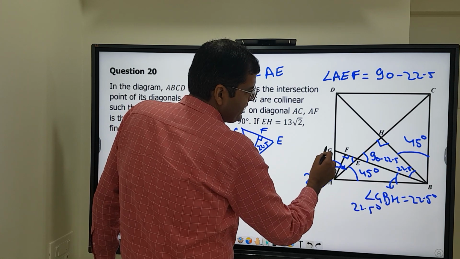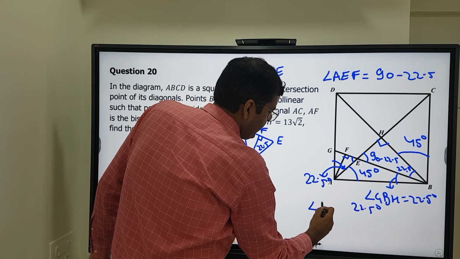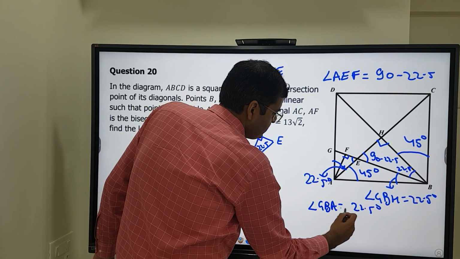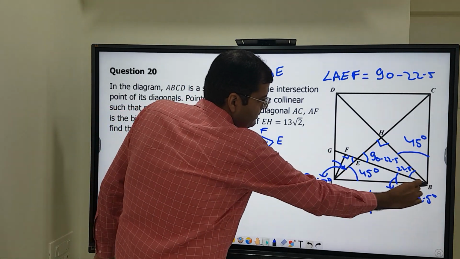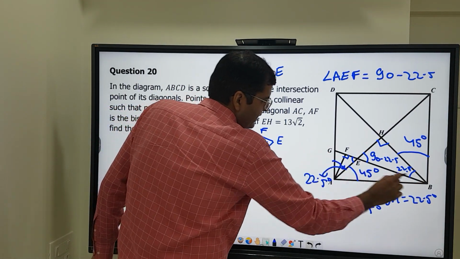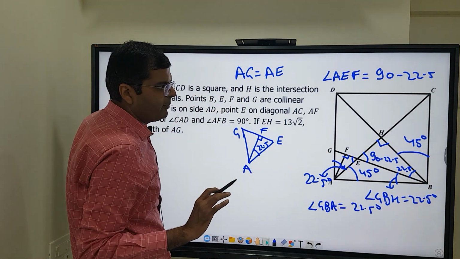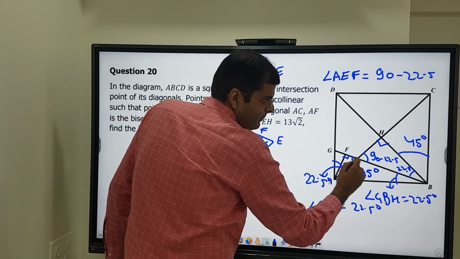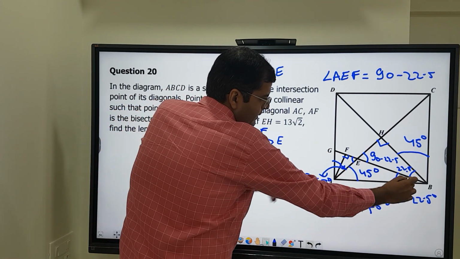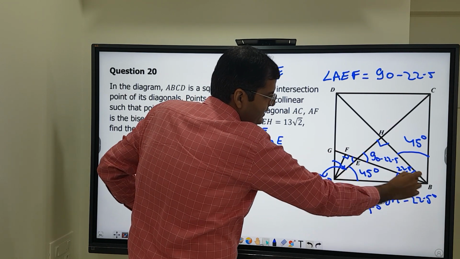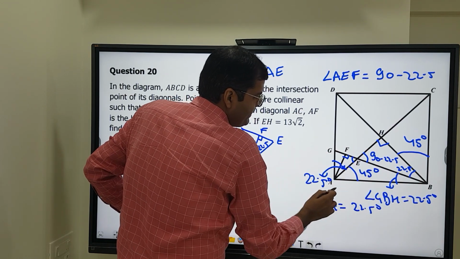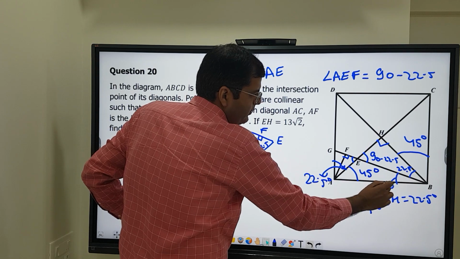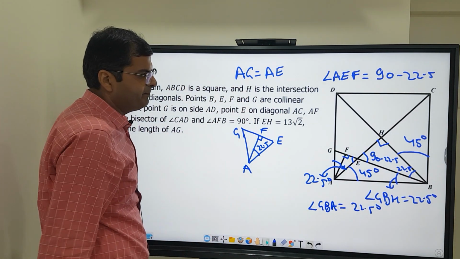So what I conclude is angle GBA is also 22.5 degrees. Angle GBH is 22.5 and angle GBA is 22.5, which means BE is bisecting angle HBA, because it is 22.5 and 22.5, both of them.